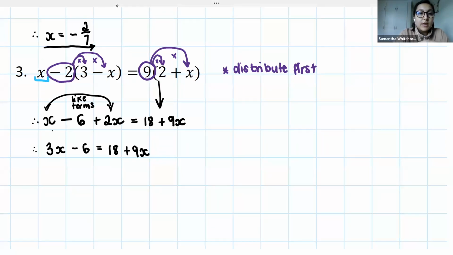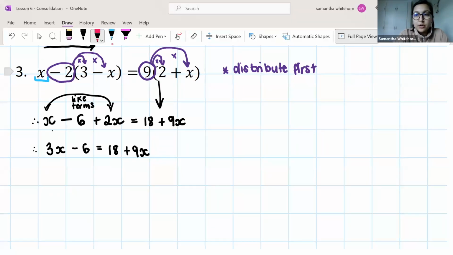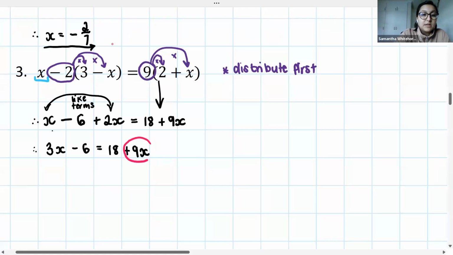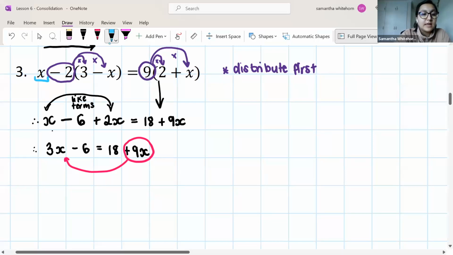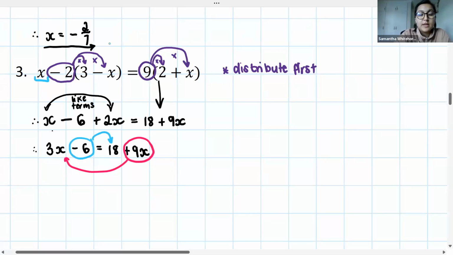Okay, so those inverse operations. Again, it doesn't matter which side of the equation you group your terms. I always put my x's on the left, but it doesn't matter. You will get the same answer. So this positive 9x, I want to join the 3x. And in the same way, this negative 6, I want to join the 18. So this is where my inverse operations are coming in.